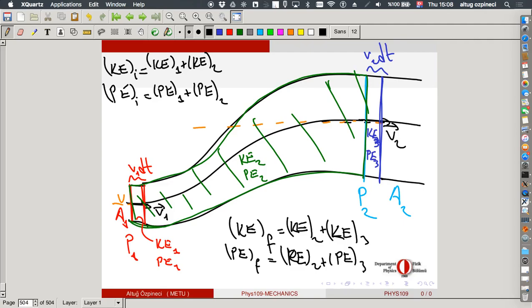In this case, my system is this one. At the initial time, my system is in this green region. It's moving, and it's changing its shape, since it's liquid. This is my initial system. After some time, it just becomes from here up to here and back.